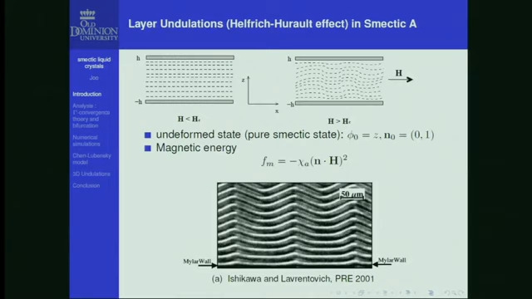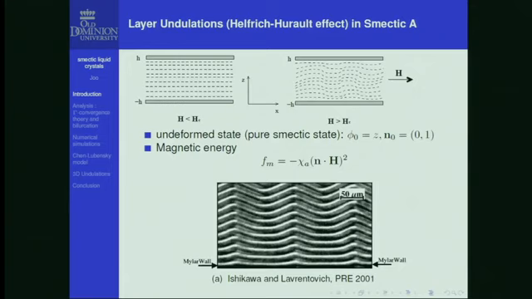Then here is the schematic picture for the undulation phenomenon. We apply the magnetic field in the direction parallel to the top and bottom plates. Before the threshold, we cannot disturb the layer structure; it is a flat state.